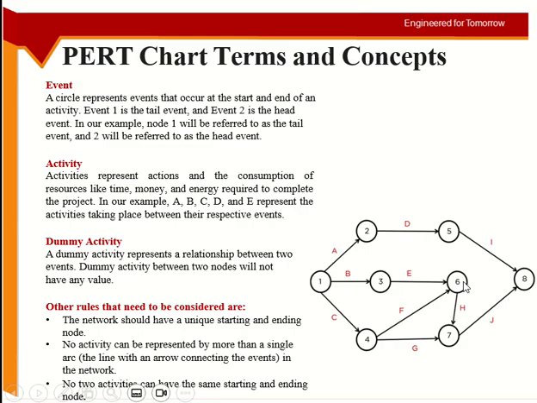For some reason, I want to show that the end of activity E is not the same as the end of activity F. So I have to now make two events. When I make two events, I have to link them to activity H, both of them.